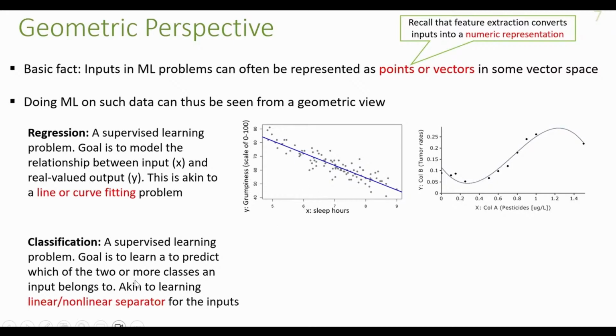Now in classification, we are learning separators, linear or non-linear, to separate data into categories, into classes. In classification, the goal is to predict which of the two or more classes an input belongs to. Suppose you have 10 categories. Then an input can belong to category 0, or category 1, and so on.